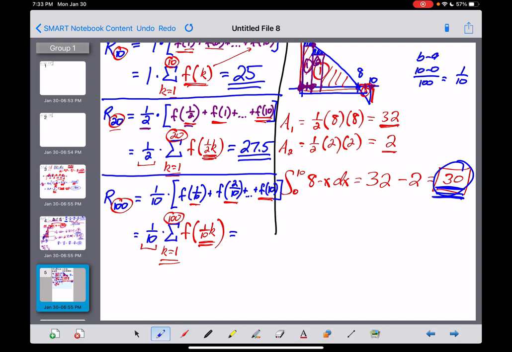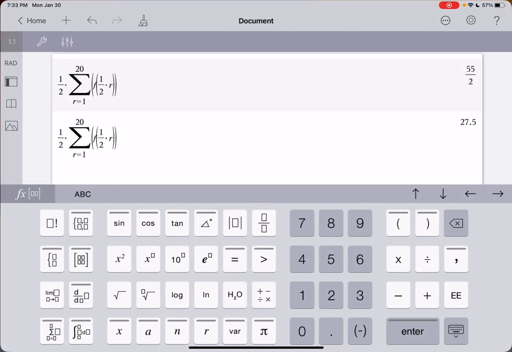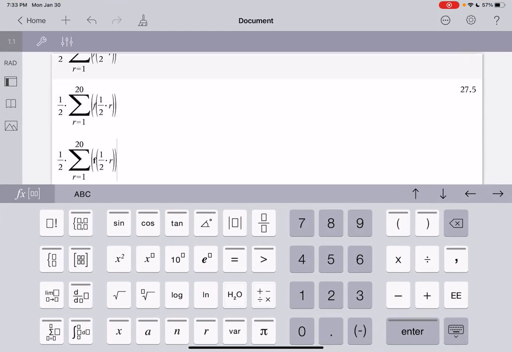So let's try this again now. And I tell you what, this one I am going to just go back and edit what I did before. Up, up, enter. And let me hit my left arrow about a zillion times right now. And instead of a 1/2 now for the width of each rectangle, that is going to become a 1/10. What else changes? We're still starting this, you guys said K, I said R equals 1.